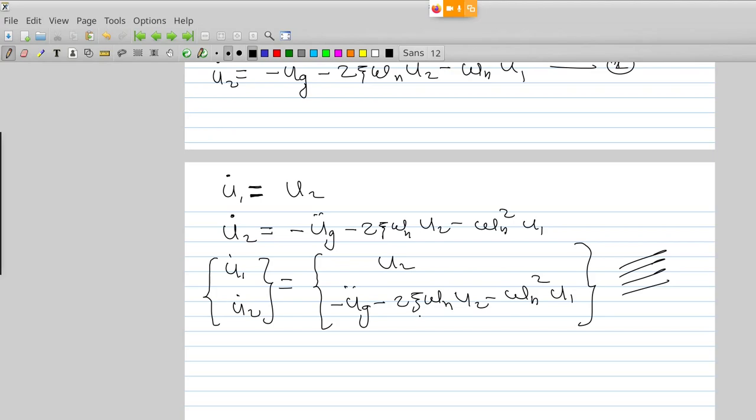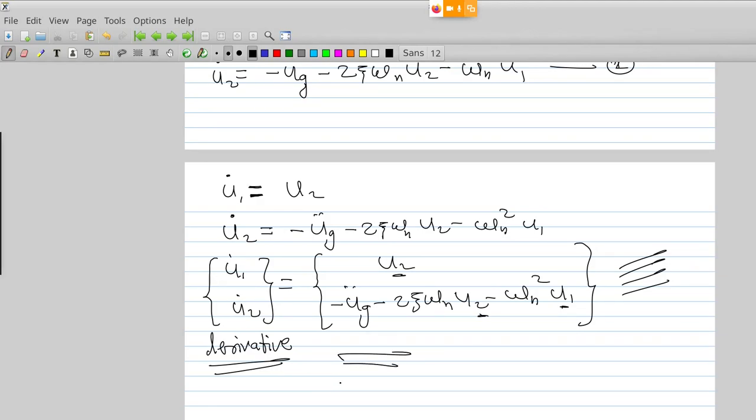This expression is telling me that u1 dot and u2 dot are derivative terms, and they depend on u1 and u2. So if the values of u1 and u2 are known to me, then the derivative can be obtained using this equation.